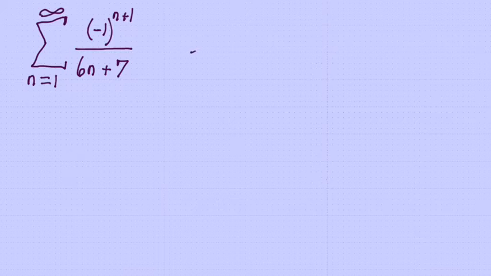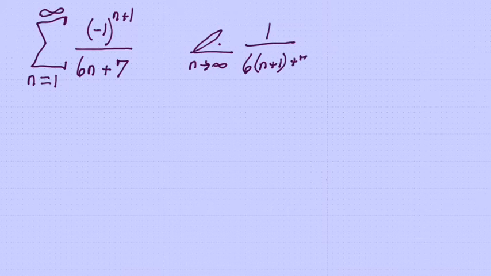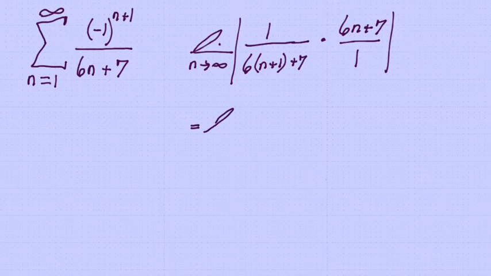We're taking the limit as n goes to infinity of just 1 over 6 times (n+1) plus 7, times the reciprocal. I'll go ahead and simplify this a little bit just so it's very clear what's going on.